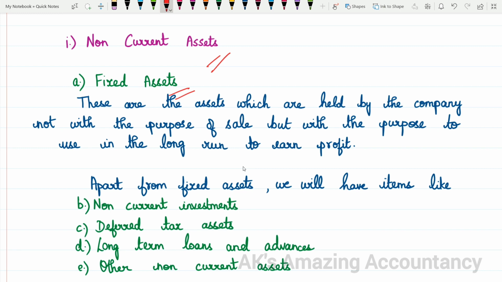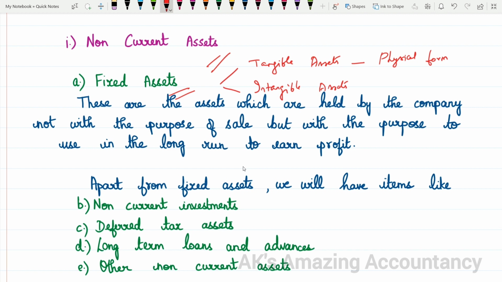Again, under fixed assets, you have two categories. The first one we have is tangible assets, and the next one we have is intangible assets. You should know what is meant by tangible asset and what is meant by intangible assets. Those assets which have a physical form are called tangible assets.